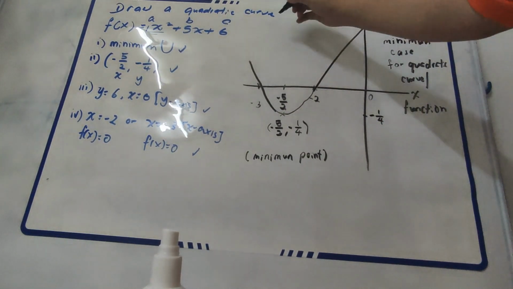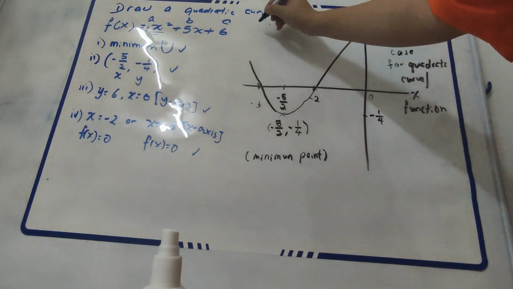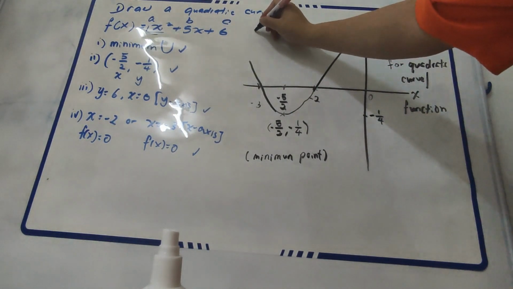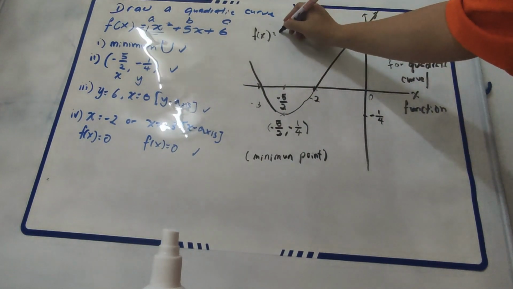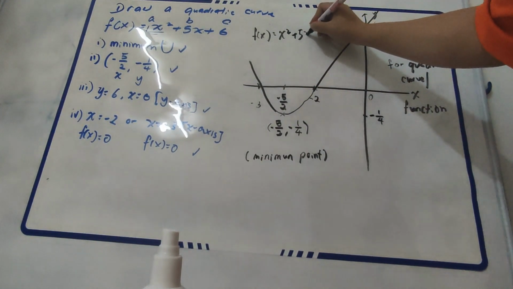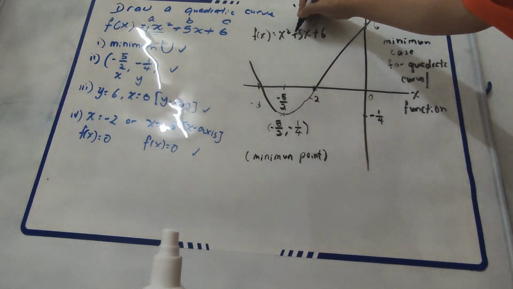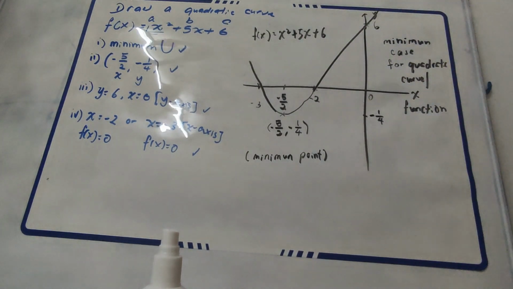Also, sometimes if you have spare time, you can label, write out the equation in your graph: f(x) equals x squared plus 5x plus 6. This is how you draw the quadratic curve of a given quadratic equation.